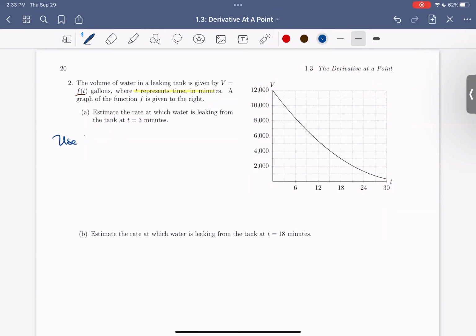Use the tangent line to F at T equals 3. And how do we use it? We're going to estimate the slope of that tangent line, because the slope of the tangent line is the rate of change of the curve at that point.